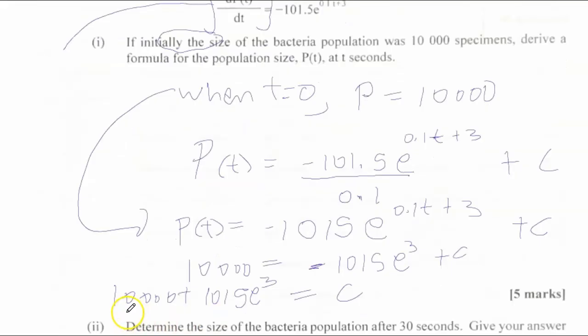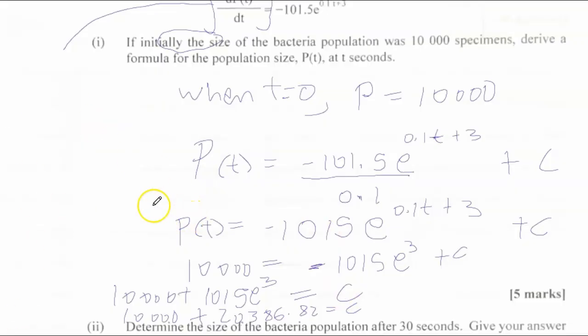So we have 10,000 and then 1015 times e to the power of 3. That's 20,386.82 if I'm using 2 decimal places.